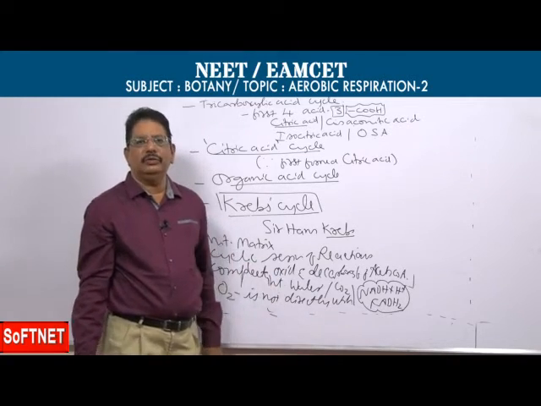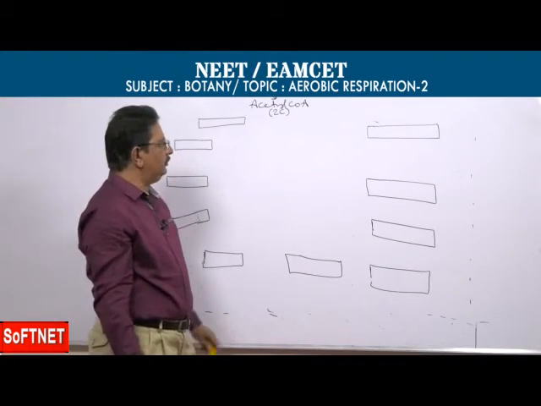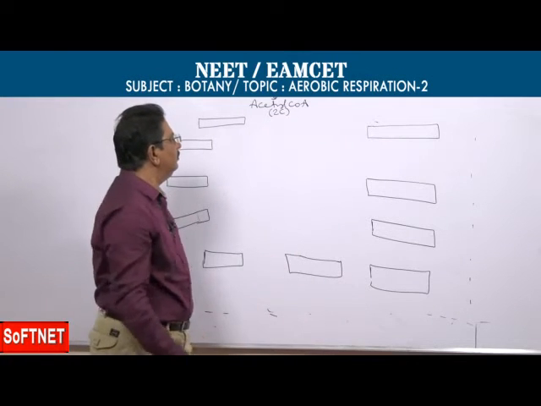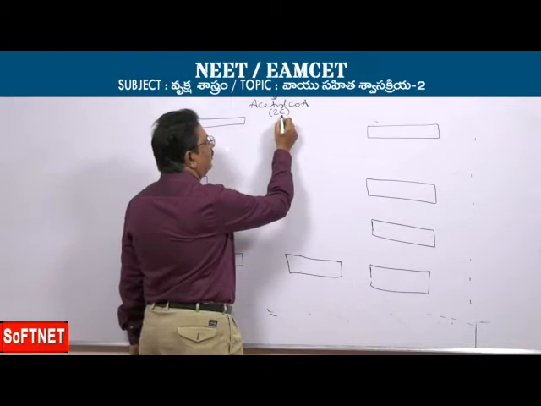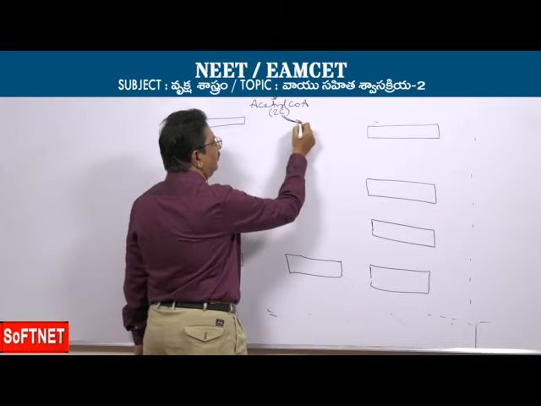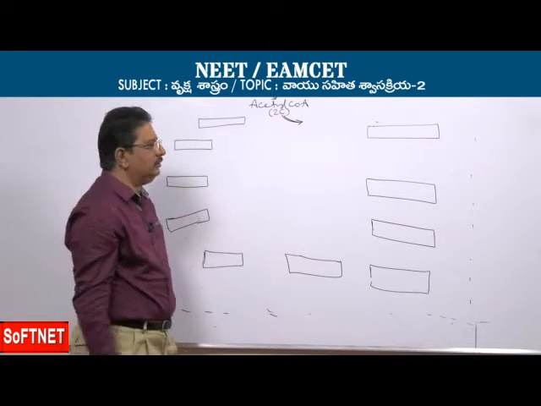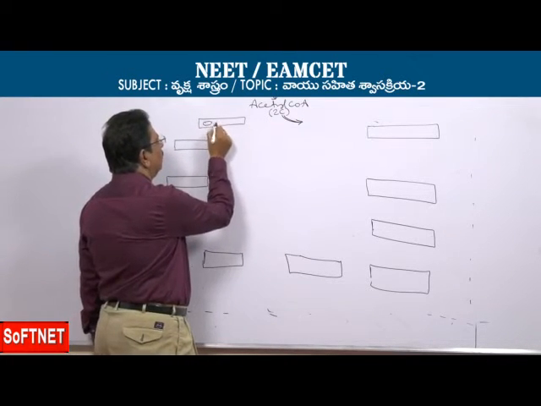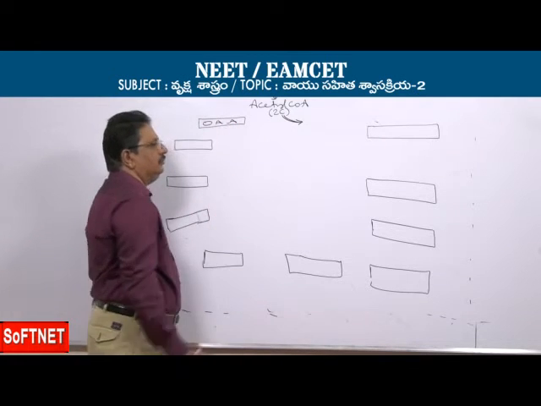We will discuss the details of the Krebs cycle in equations. During the Krebs cycle, the acetyl coenzyme A is condensed with oxaloacetic acid.